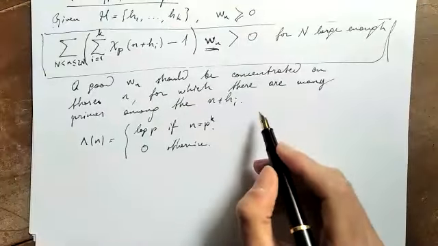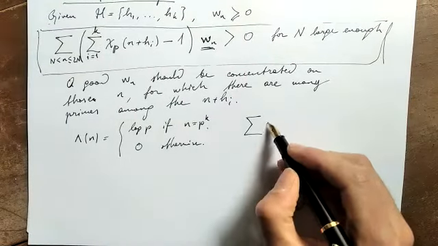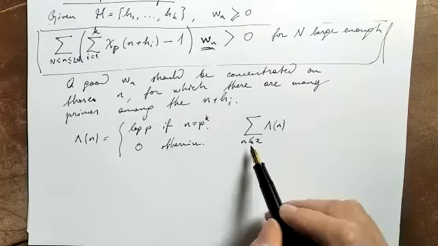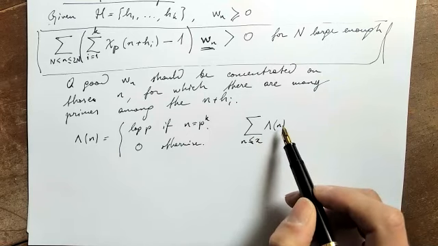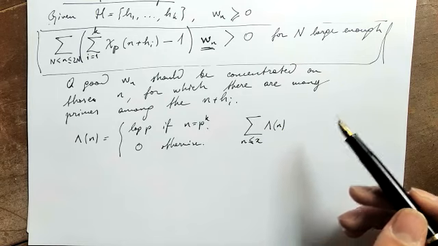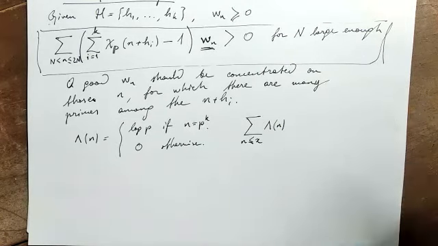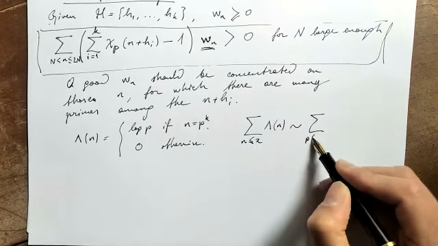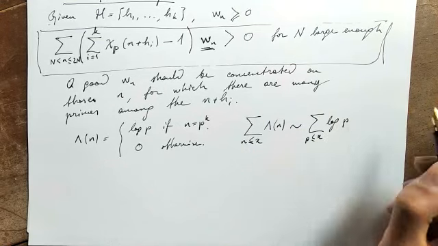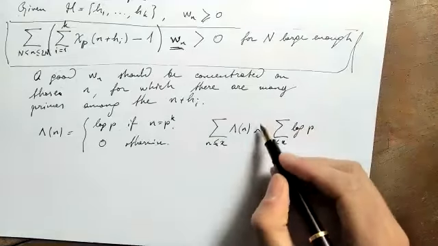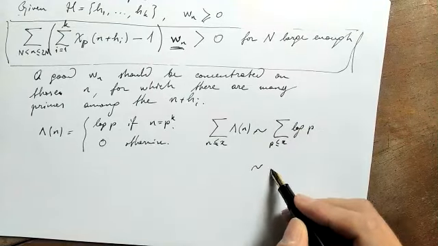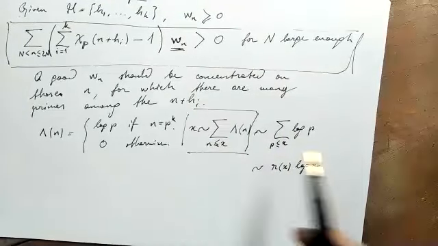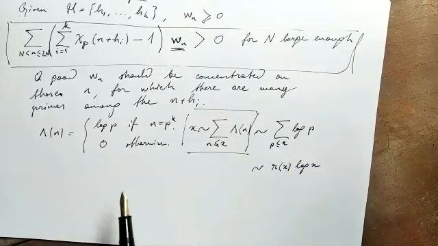Therefore, if you sum lambda n up to x, the primes will provide the greatest contribution, because squares or higher powers of primes only come from primes up to square root x, cube root x, etc. So the main term in this is basically the sum over primes up to x of their logarithms. The higher powers contribute negligibly. And this is roughly the count of primes weighted by logs. So if you show this is about x, then you show that pi(x) is asymptotic to x over log x.